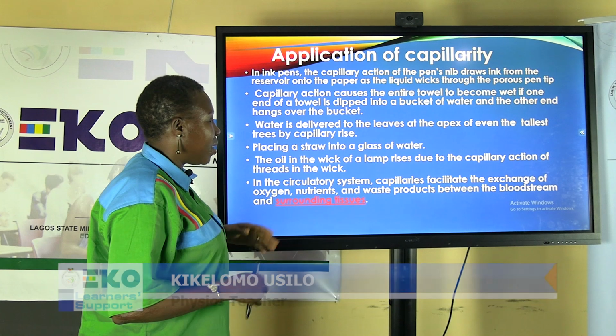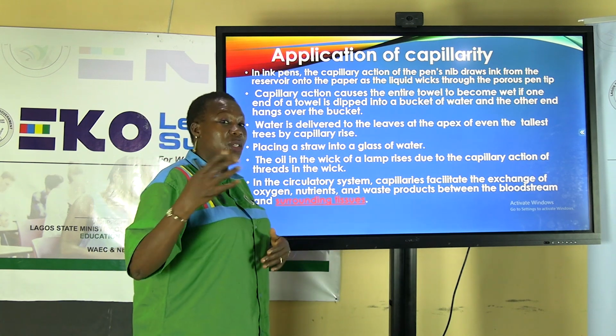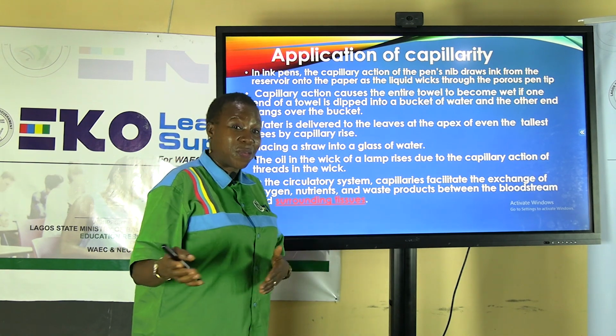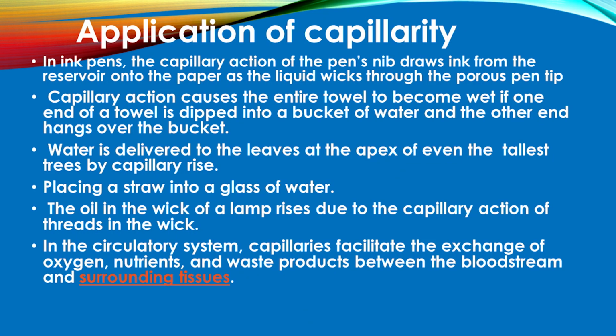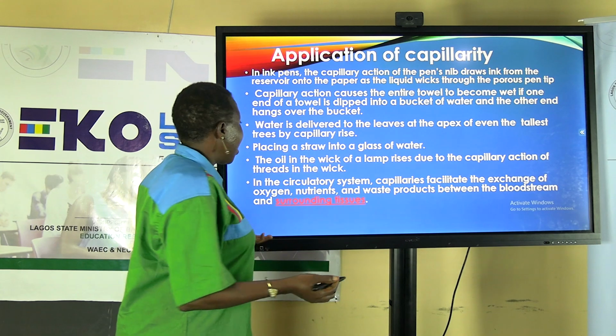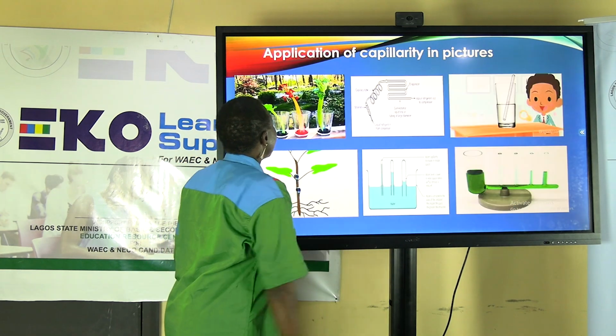The oil in the wick of a lamp, or when we use kerosene stove, you understand what I mean by the wick, rises due to the capillary action of the threads in the wick. Now, in our circulatory system, capillaries facilitate the exchange of oxygen, nutrients, and waste products between the bloodstream and surrounding tissues. You see that it is an essential we cannot afford to do without.